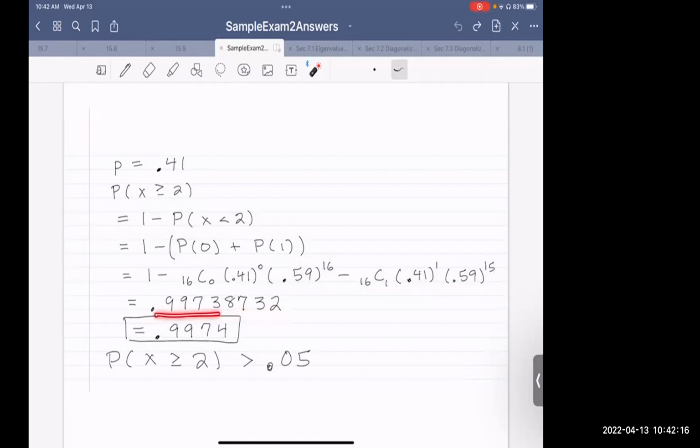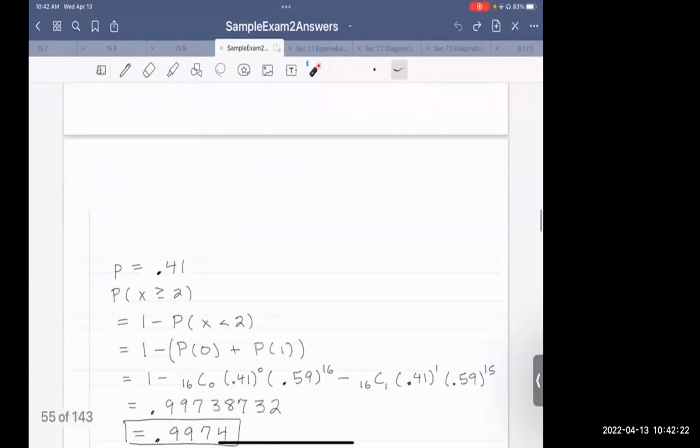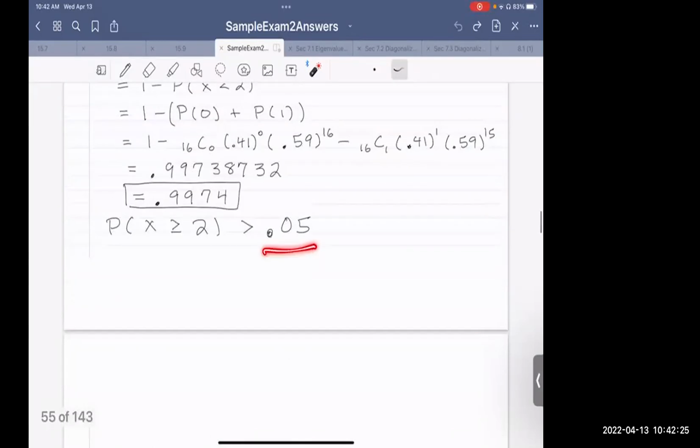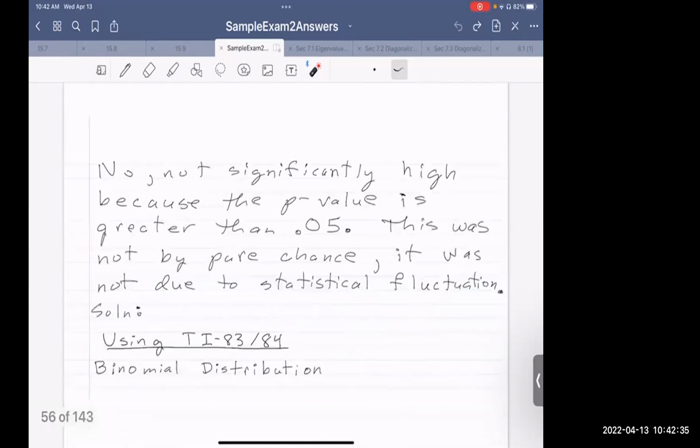Let's round this to the nearest 10,000th, 0.9974. Since this probability is greater than 0.05, that means that we are not in the rejection region. And so since we're not in the rejection region, no, this is not significantly high, because the p-value is greater than 0.05.